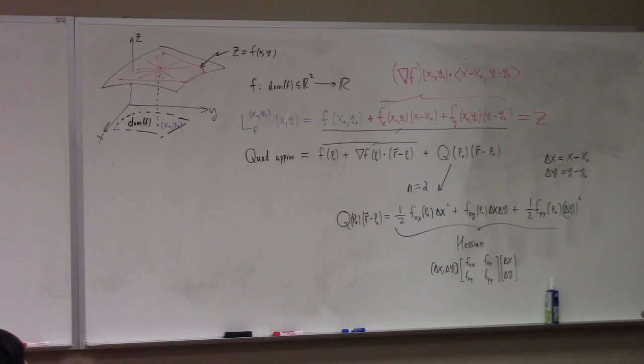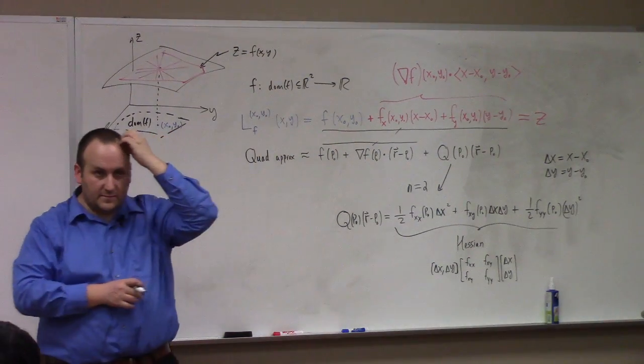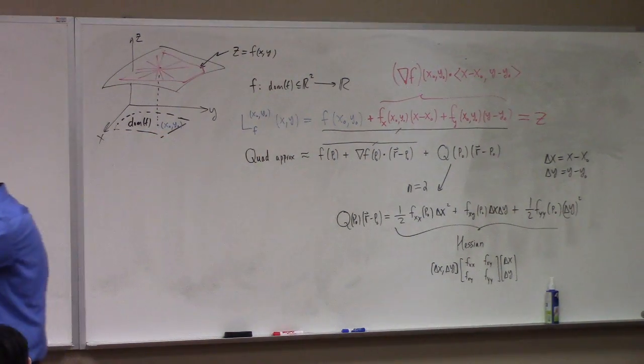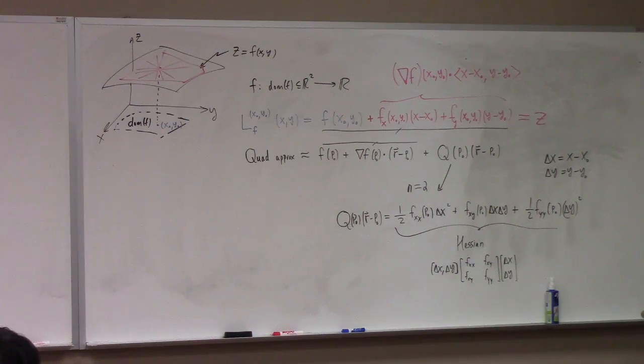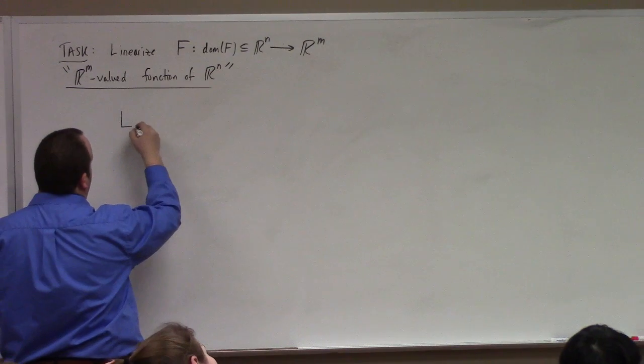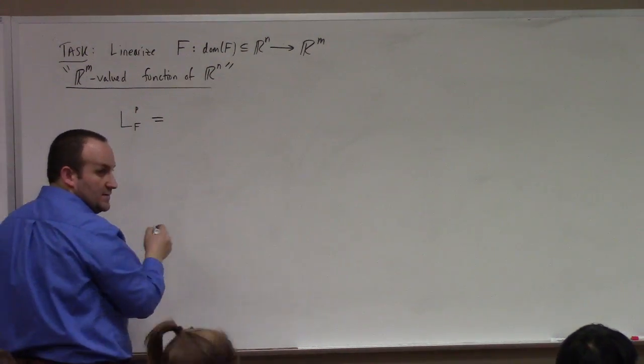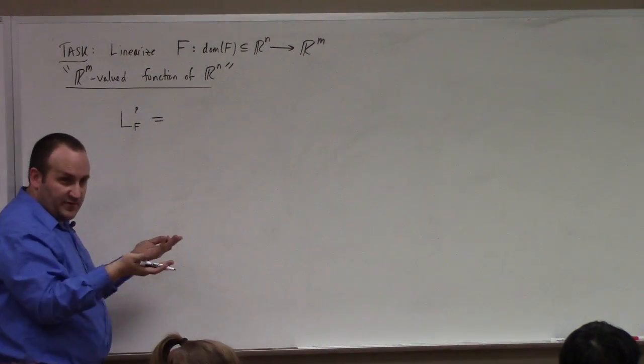In this terminology, the previous thing we were studying is an R-valued function of R2. Okay, so getting to it. The linearization of F at a point P is simply this, supposing the partial derivatives exist.